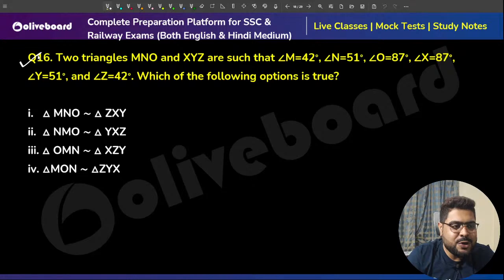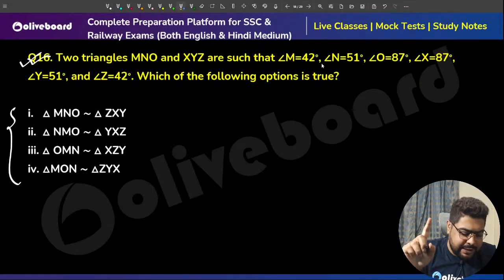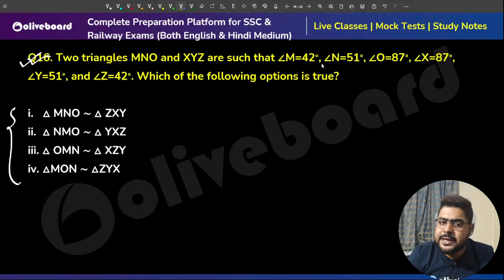Next one. Two triangles, a very, very good question. It's a similarity question. Think like this. I told you one thing: if you write this again in Thales's theorem, this particular thing becomes very useful, especially for a very critical type of triangles. Angle M is 42.